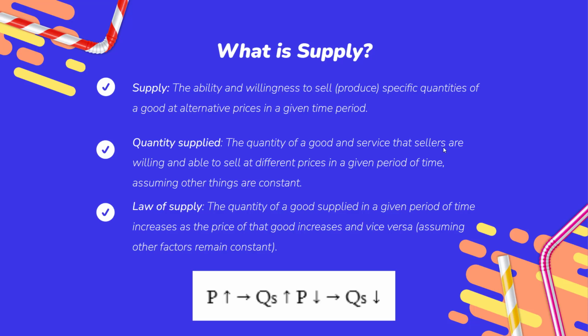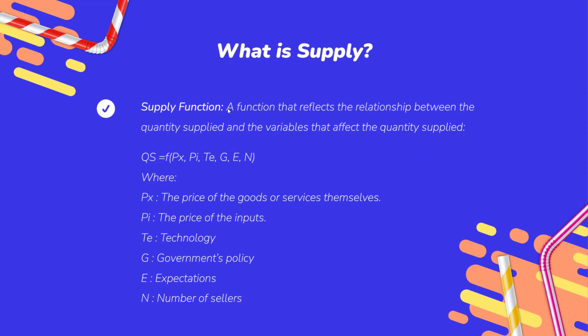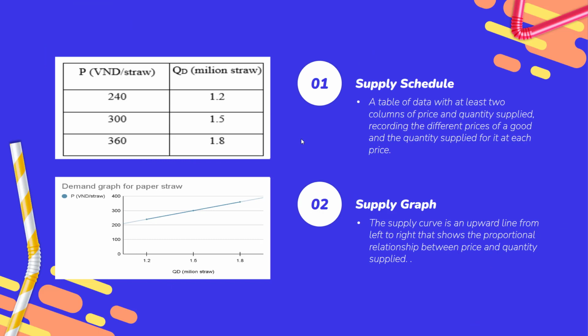The law of supply: the quantity of goods supplied will increase when the price increases and vice versa, assuming other factors remain constant. The supply function reflects the relation between quantity supplied and the variables that affect it, shown below, along with the supply schedule and supply graph to illustrate the data.